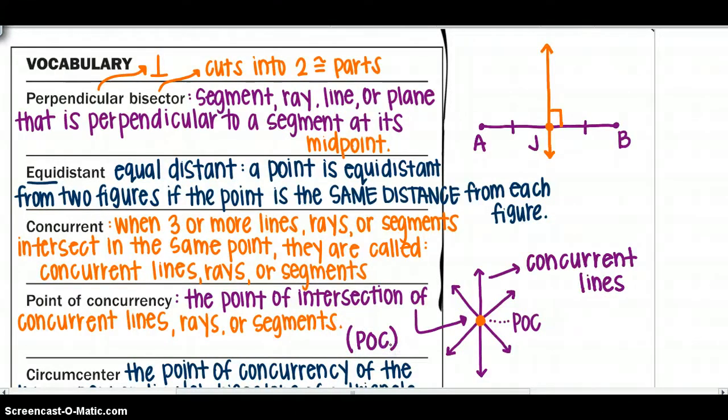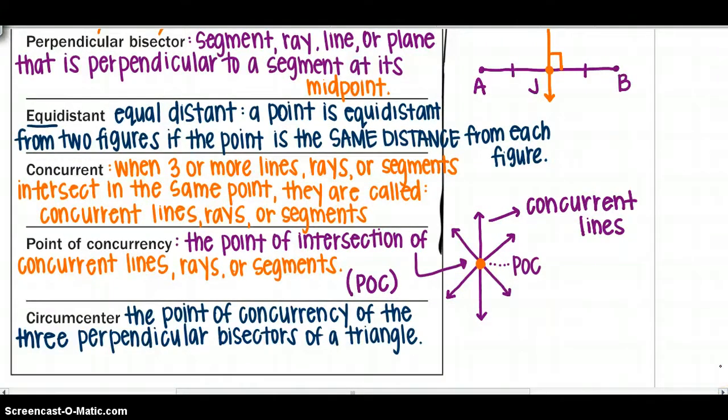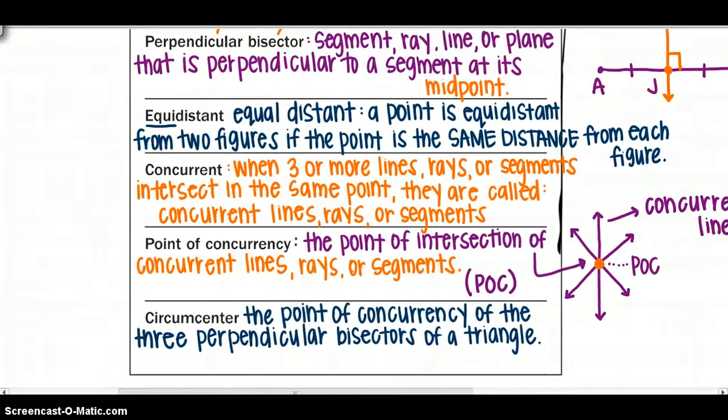Another new word that we will use in this section is the circumcenter. It is the point of concurrency, or the POC, of the three perpendicular bisectors of a triangle. We're going to put the perpendicular bisectors into a triangle, and we're going to use the circumcenter to figure out some things with the triangle.